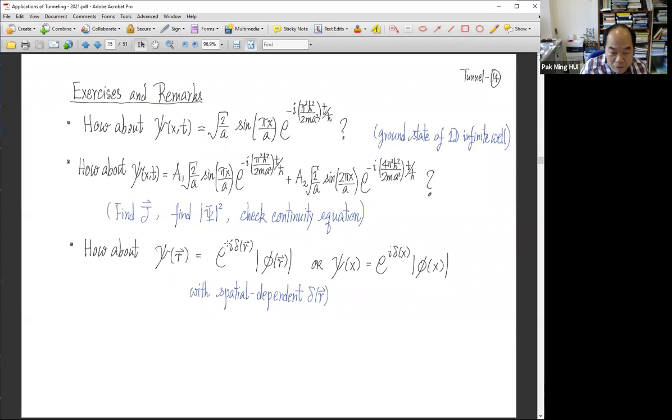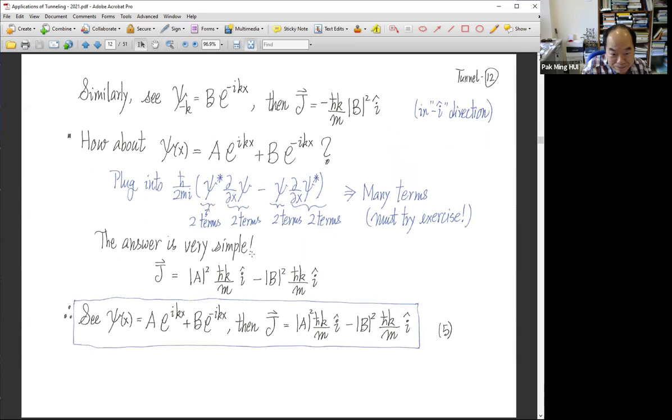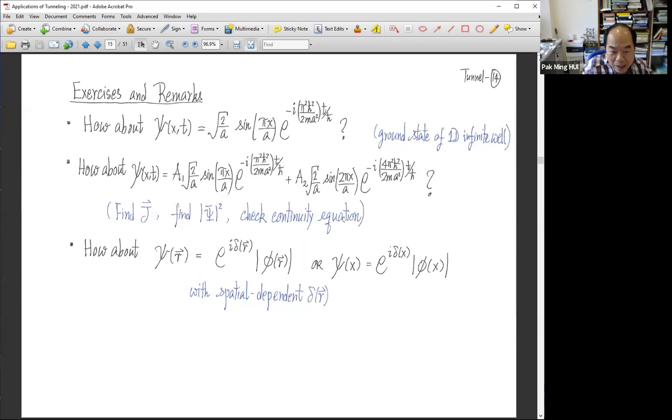What if I have a phase that is spatially dependent? It depends on where it is in space. Now plug it into the definition of J. I think you will pick up some term definitely that is the gradient of the phase. It is very useful.